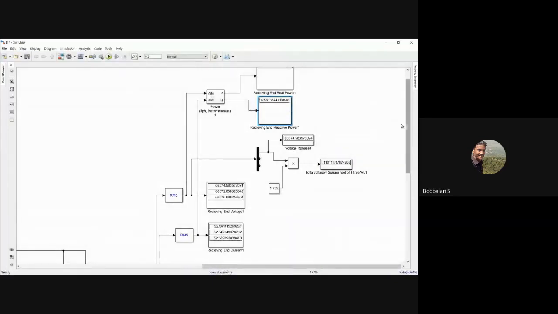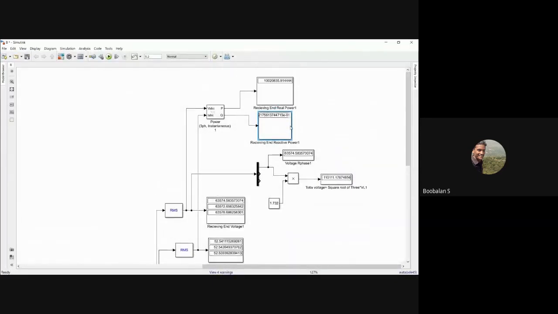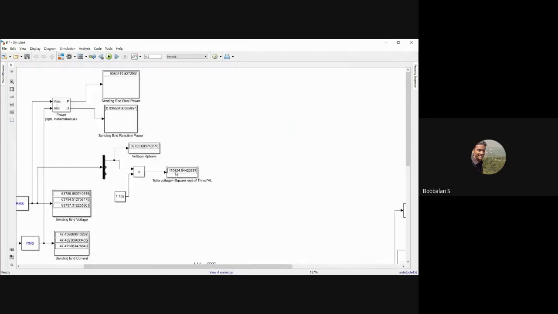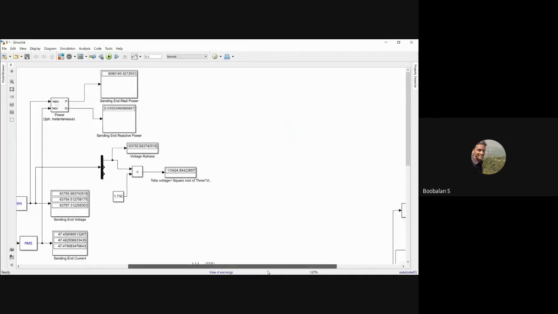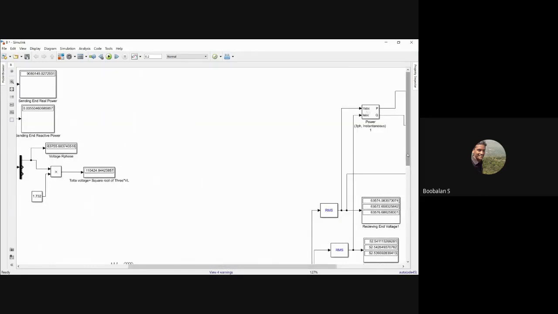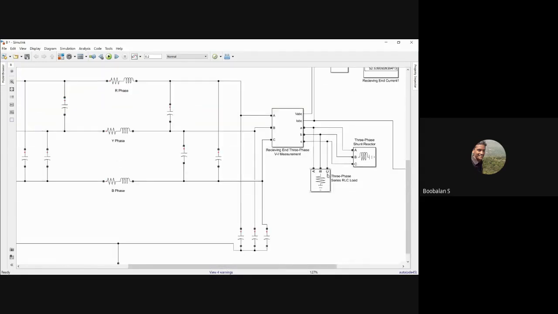Now this is my receiving end power and receiving end reactive power, as well as my receiving end voltage. It will be around 110.111, right? This one is about 110.424, because actually we have a three-phase real active power load.